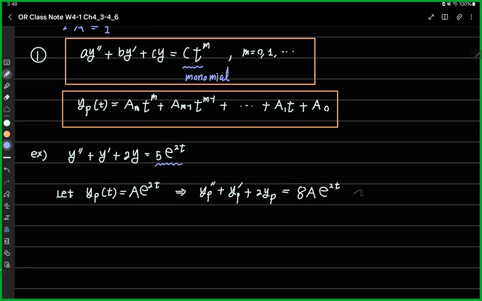This must be equal to the external force, 5 times e to the 2t. So A must be 5 over 8, right?